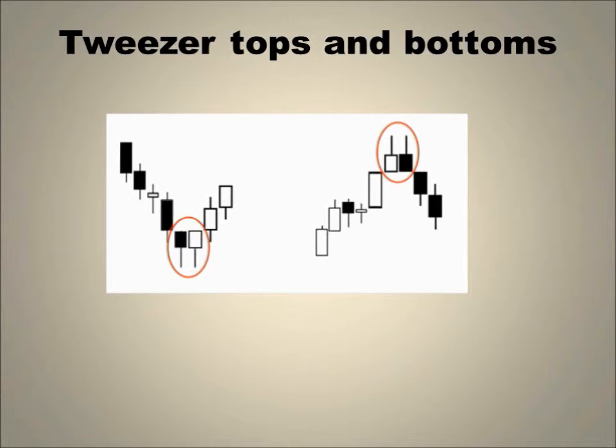And here we have a bearish market on the left, the two tweezers, and now we have a bullish market. On the right, we have tweezer tops. We have a bullish trend, the two tweezers that I indicated with the circle, and then the bearish trend going down.